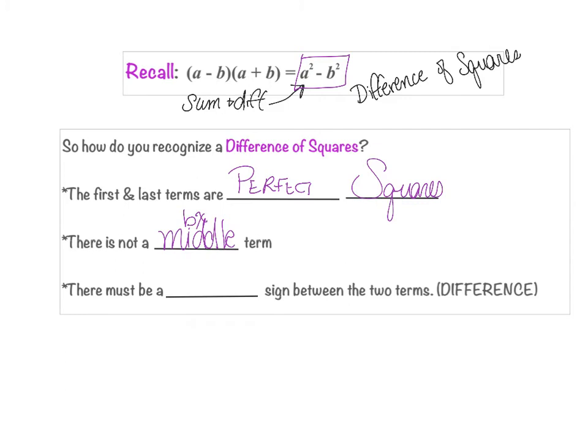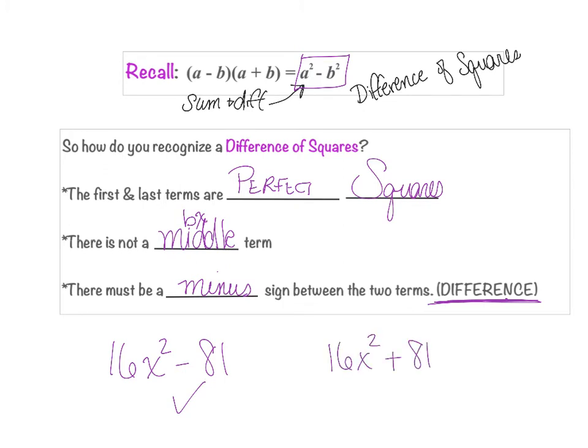We don't have that term. And finally, and this is one that you need to really remember, it must be a difference. So there has to be a minus sign between the two terms. So therefore, this is a difference of squares, but this is not a difference of squares and would not be factorable.